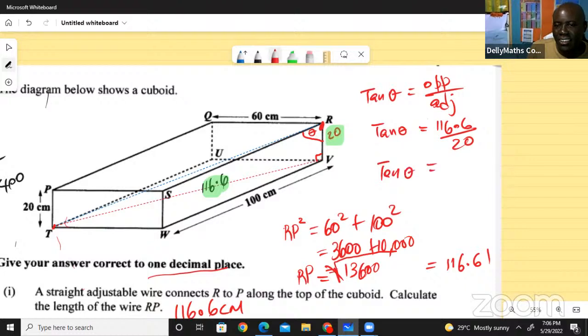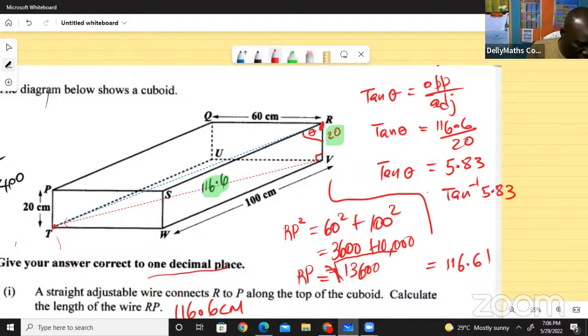Tangent is going to give me 5.83. So I'm going to have to use the tan inverse, or what people call arctan. The inverse tan of 5.83 is 80.26, but I'm going to put 80.3 to 1 dp. 80.3.